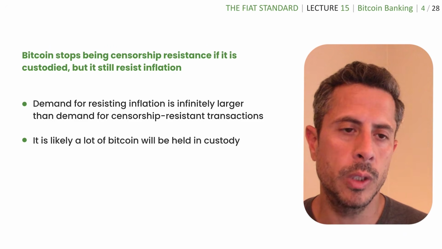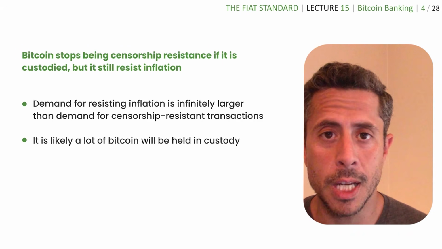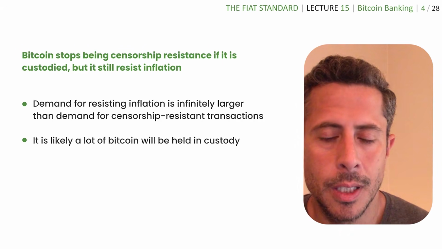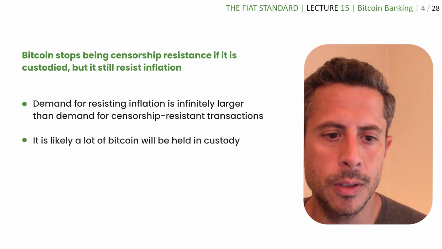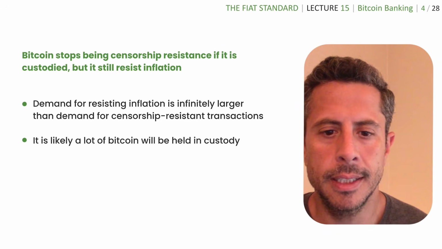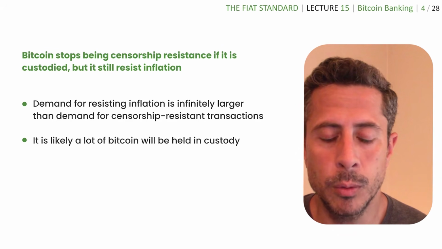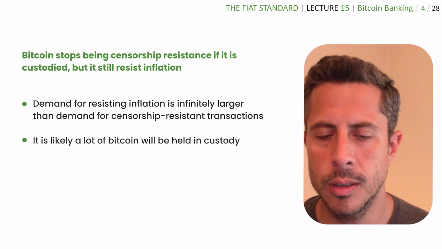Of course, this only holds for as long as Bitcoin transactions themselves are not considered banned or illegal. If they are illegal, then demand for all uses for Bitcoin becomes equal to censorship resistance demand.